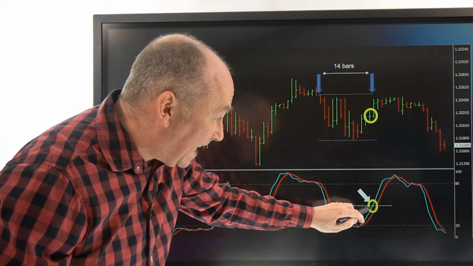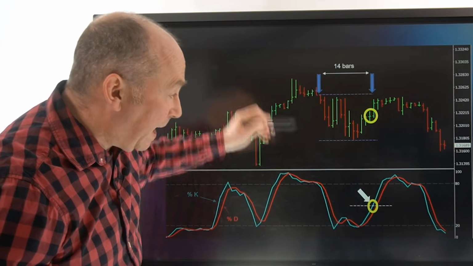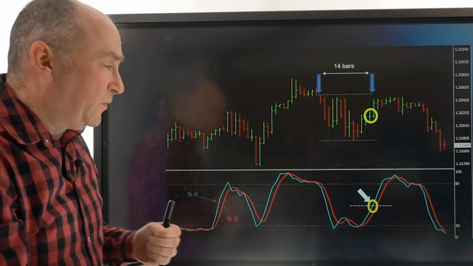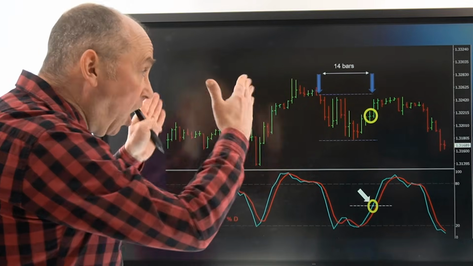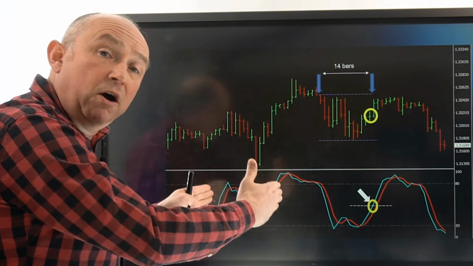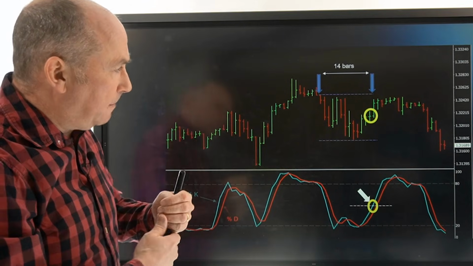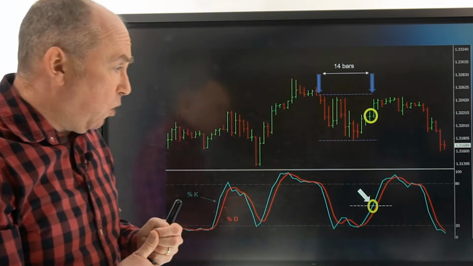So the stochastic indicator is corresponding to the fact that the price is in the mid of the 14 bar look back, and that's why you'll see it there basically at around the 50 level. So that's basically what the stochastic is showing you. It's showing you the relationship to the close over the last 14 bar look back.